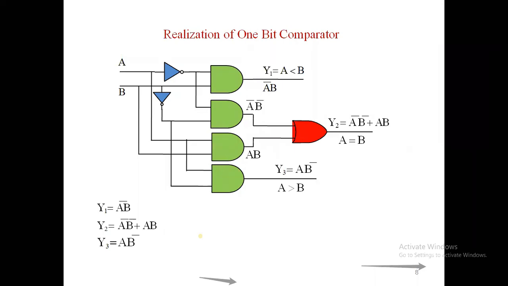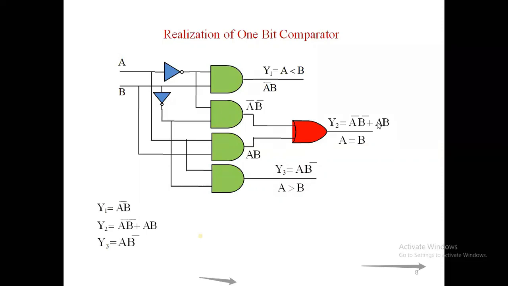So here we have to substitute the values A and B. A value is 1 and B value is 0. Pass these values and only one output will come. So all the remaining outputs will be zeros.